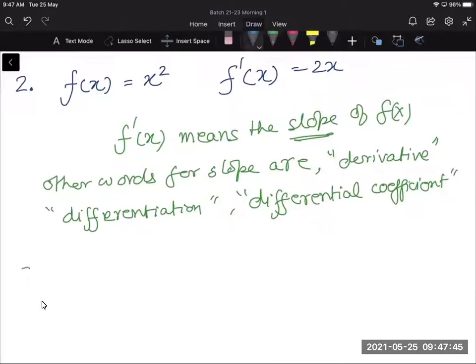The third way that I can write this, y is equal to x square, y dash is equal to 2x, right? ये जो dash लगाने वाला है, this is just a convenience factor.